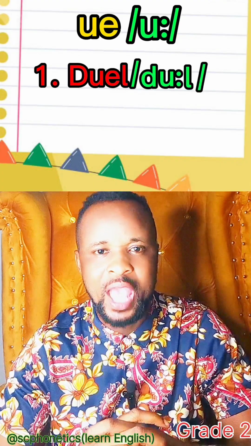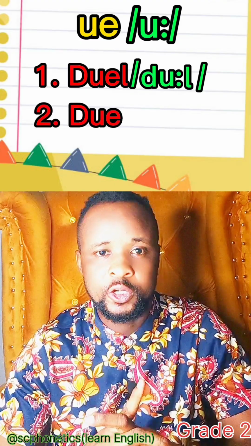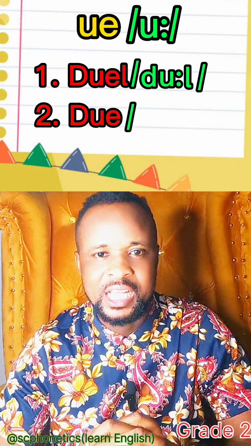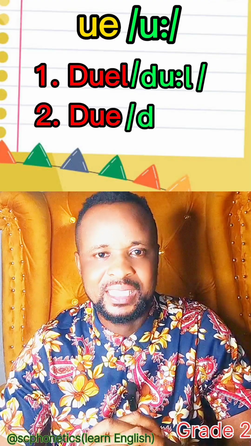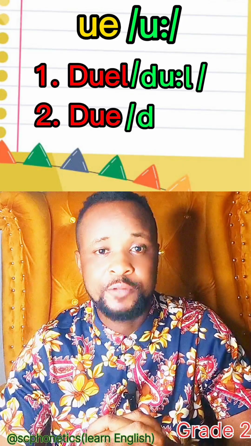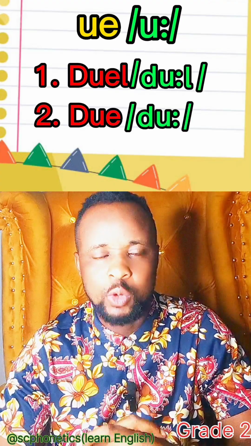Number 2, we have do. First, you have to write down your slash and also the sound D. You change your UE to the phonetic symbol U and close your slash.